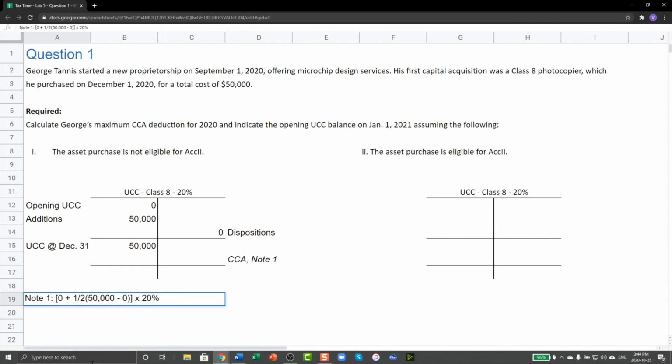Now remember, we have a short fiscal year. There were 122 days in the fiscal year, and we would divide that by 365 days in a year. And that will yield our CCA for the year.